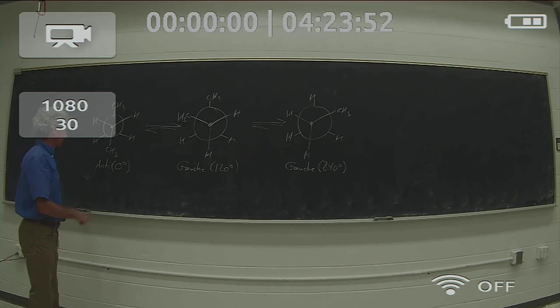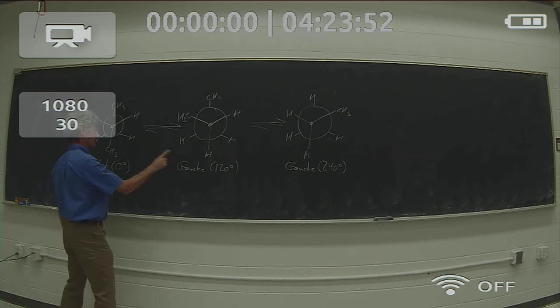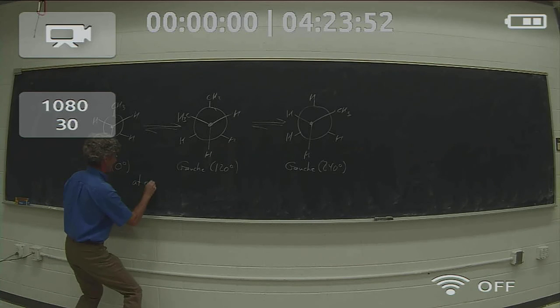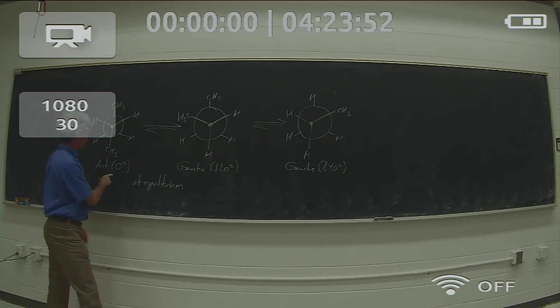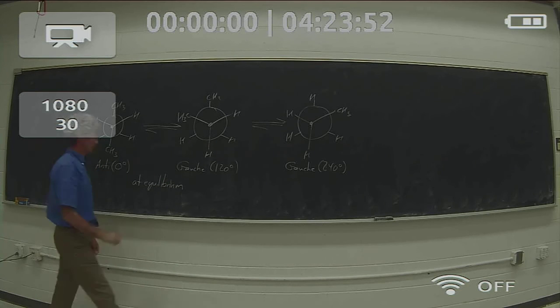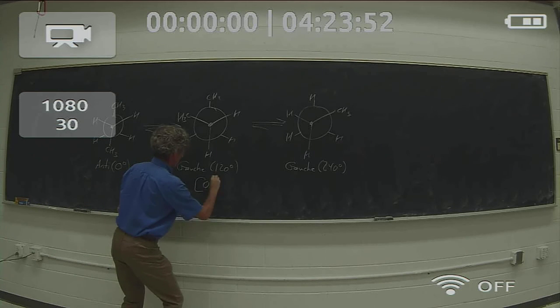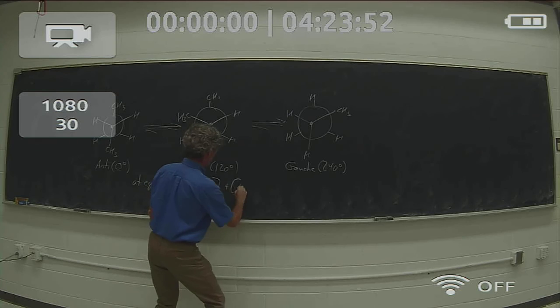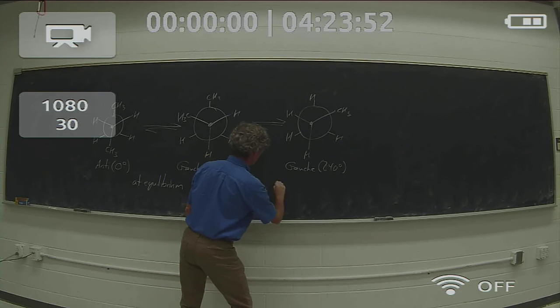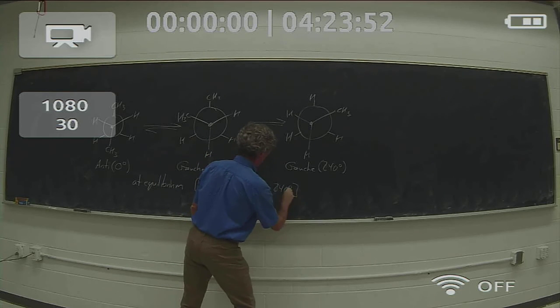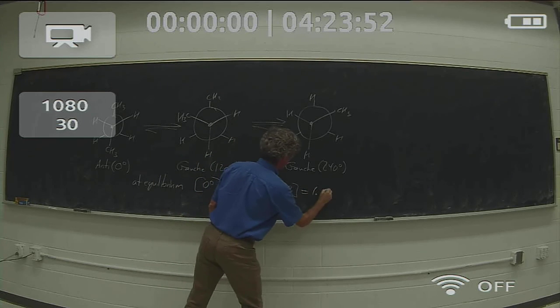So what I'm going to say is that at equilibrium, the concentration, or the percentage of 0 degrees, plus the concentration of 120 degrees, plus the concentration of 240 degrees, is equal to 100%, or 1.